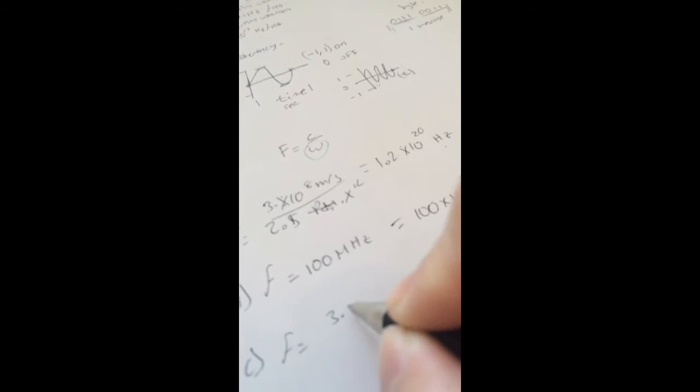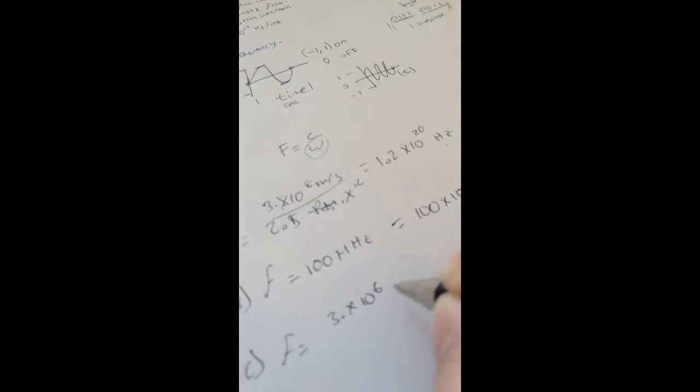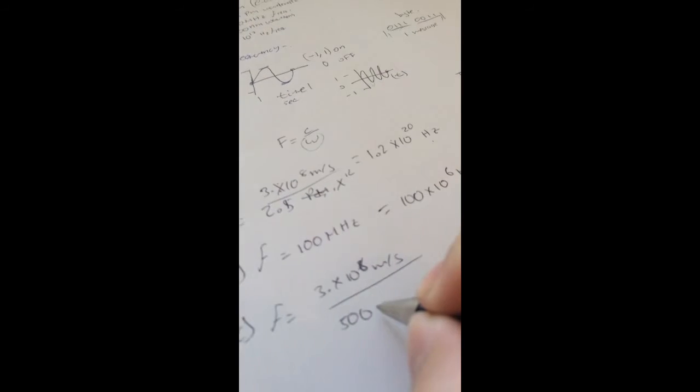Remember, just the speed of light, 10 to the 8, over 500 nanometers, and nano is 10 to the negative 9.